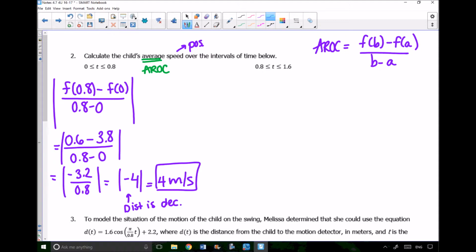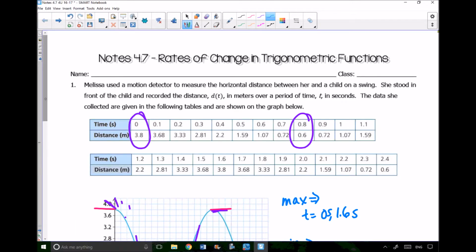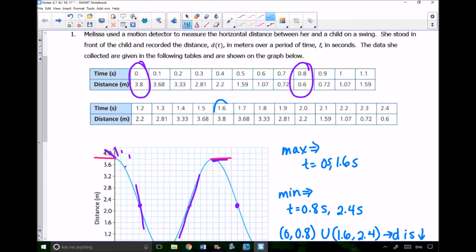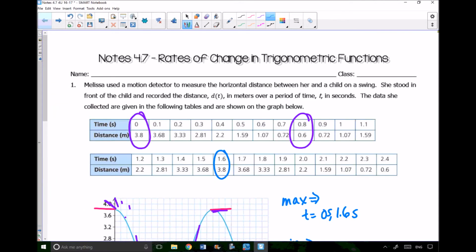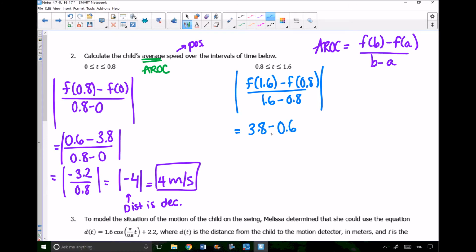Okay, so now to find the average rate here, I'm going to do the same idea, except I'm going to do f of 1.6 minus f of 0.8 over 1.6 minus 0.8. Take the absolute value of those answers. To figure out these values, f of 1.6 is 3.8. And then f of 0.8 we already knew was 0.6. So I'm going to say 3.8 minus 0.6 over 1.6 minus 0.8.